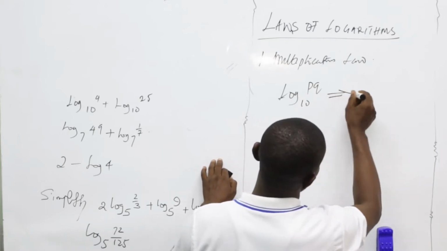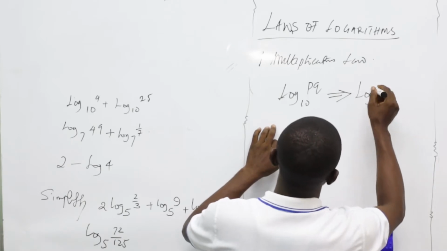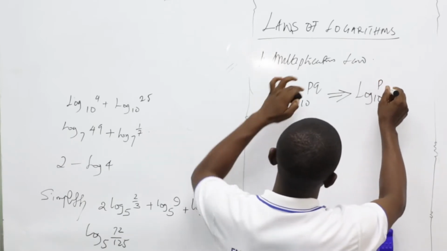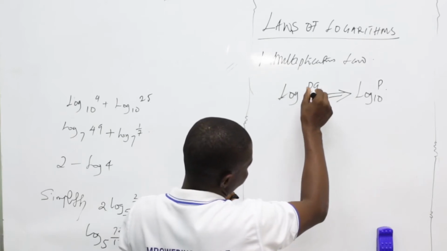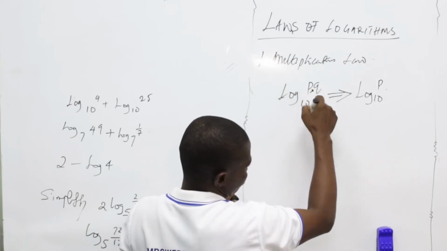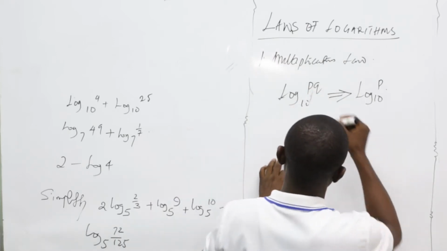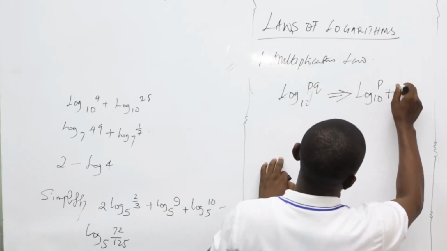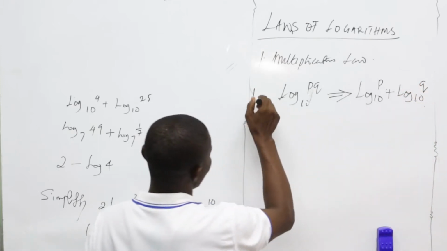This will be written this way. This implies log p base 10. The gap here is a multiplication sign, though it's not visible, but it is multiplication. Multiplication means addition. This is number one law.